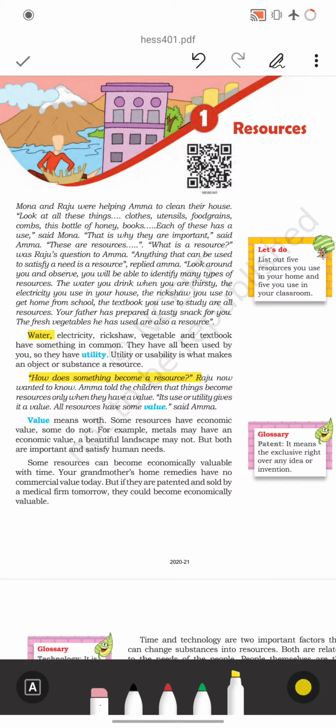Listen, guys. Things become resources only when they have a value. Okay. The things which have a value are called resources.